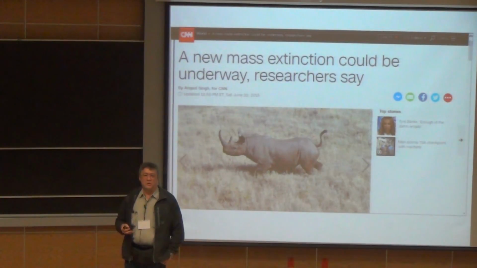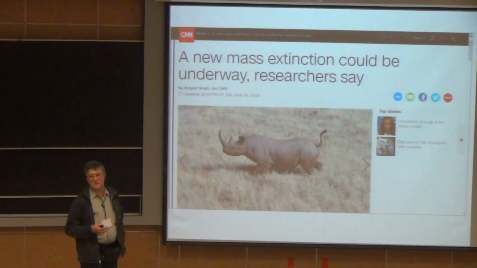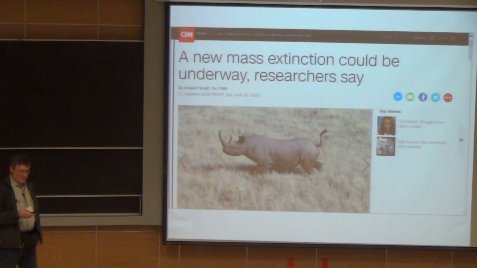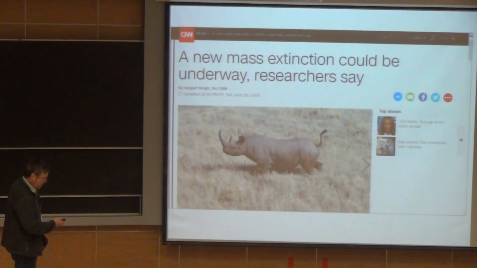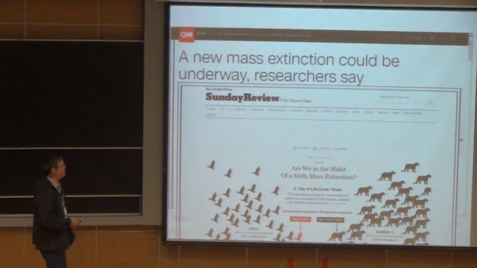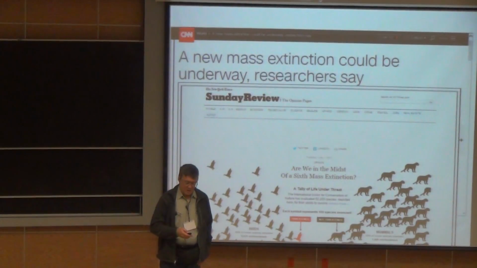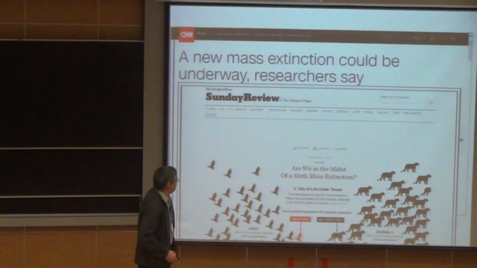There's a lot of talk that we are currently in what is called the sixth massive extinction on planet Earth, and a lot of people are very alarmed by this fact. So it's in the newspapers, it's in TV shows for the general public.